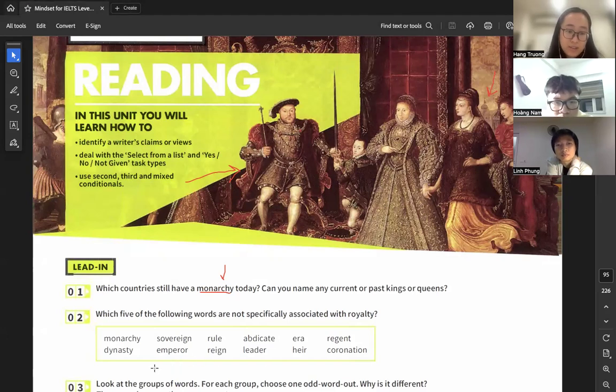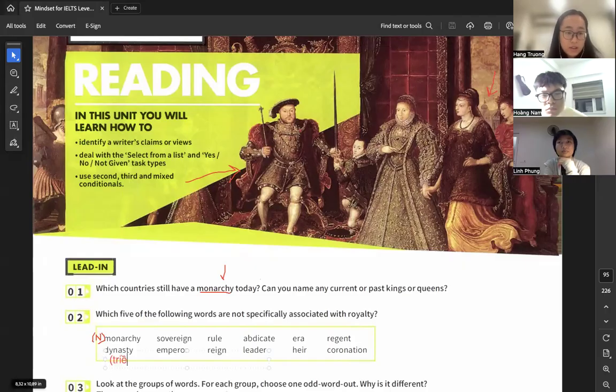Now, monarchy, chế độ quân chủ, right? Is it related to royalty? Yes. Right, so we cannot choose this. Okay, chế độ quân chủ, danh từ. Dynasty, what is dynasty? Does anybody know? Triều đại. Very good, triều đại. Đúng rồi. Triều đại các nhà vua khác nhau, đúng không?